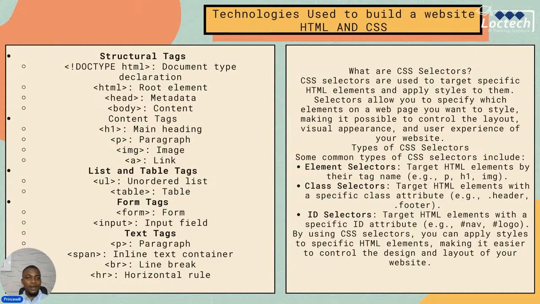Now, doctype HTML is a way of telling the browser that this file you're about to load is an HTML file. Remember, websites are collections of related files, right? The document type is the first thing to indicate that this is an HTML file. It is the identity of that particular file.